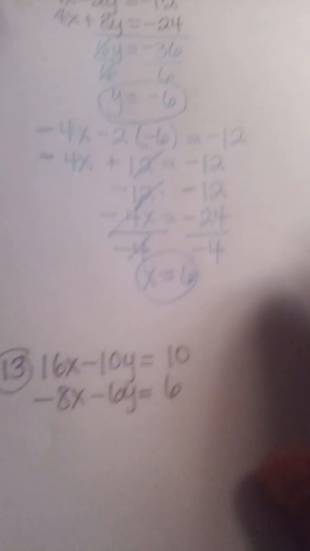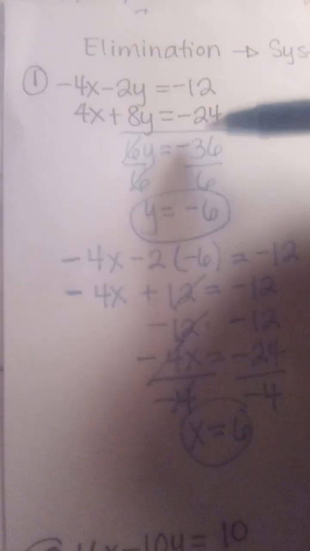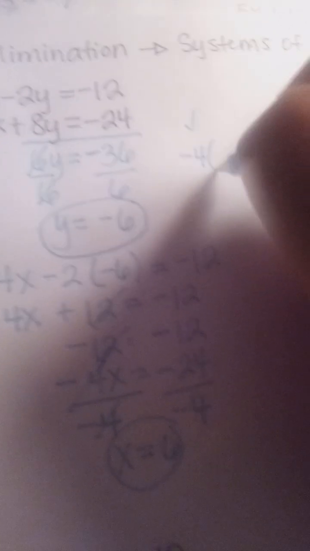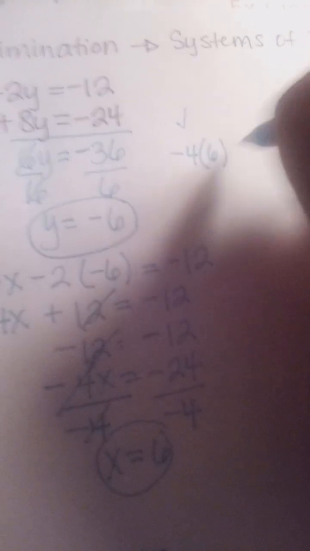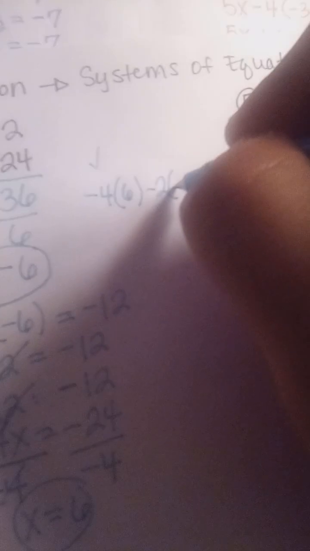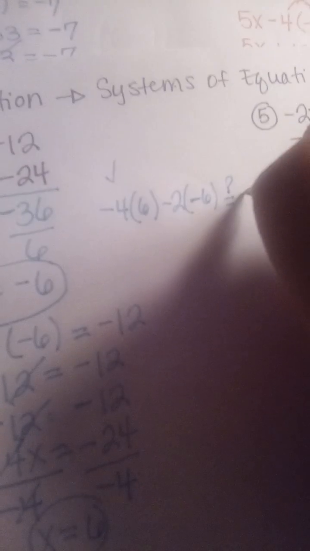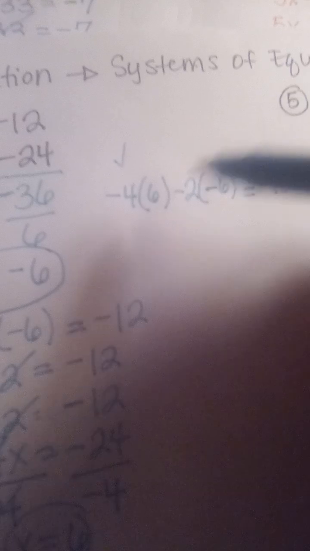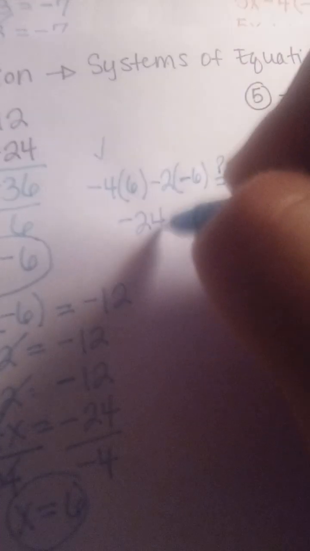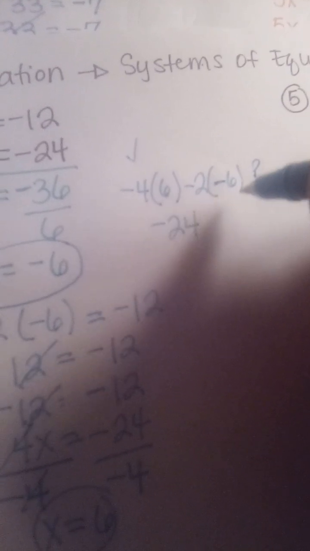We're going to check to see if the answer is correct. I'm going to use the first equation to double check the work. A negative 4 times 6 is a negative 24. A negative times a negative equals a positive.